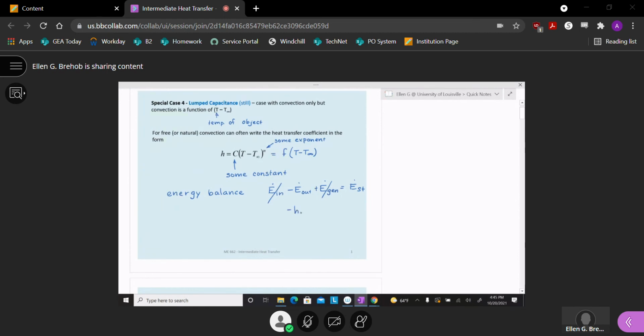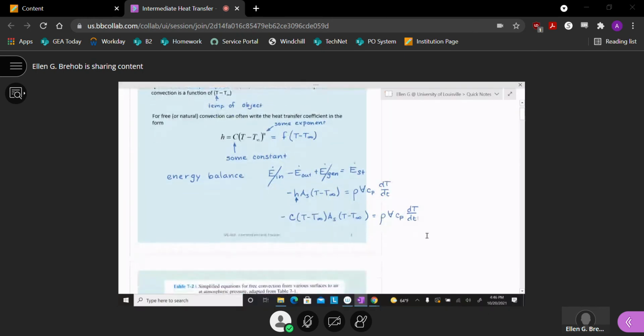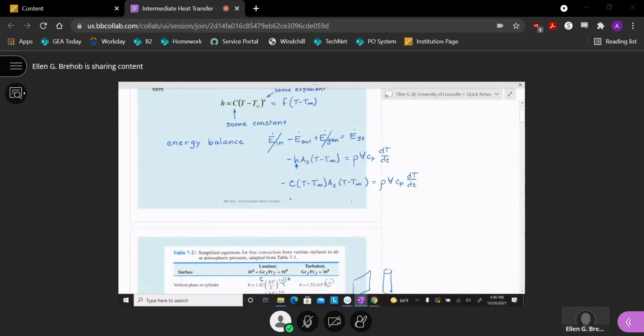And if convection looks like this, now we're replacing h, just to make it look a little bit more simplified, and we're going to combine these.